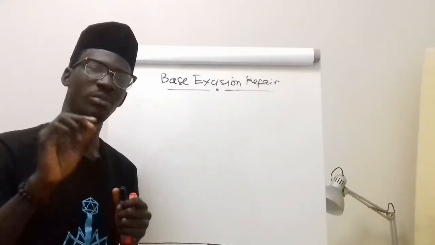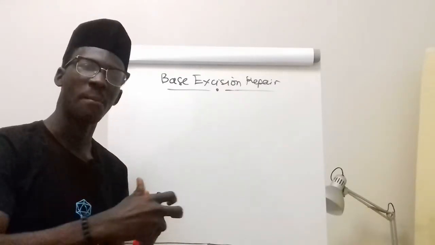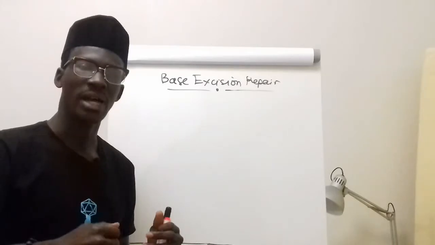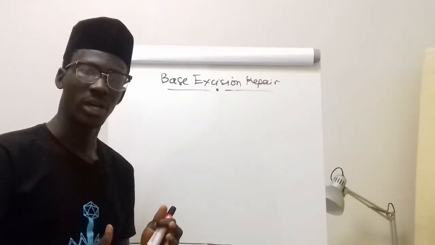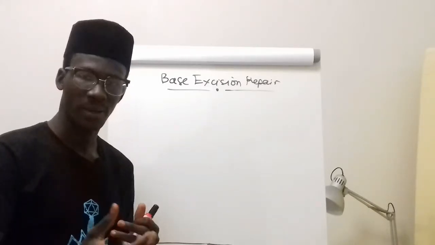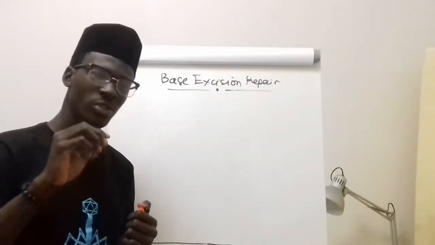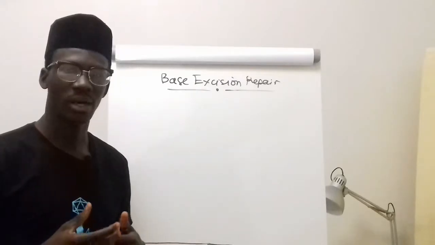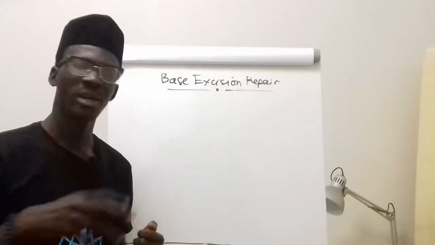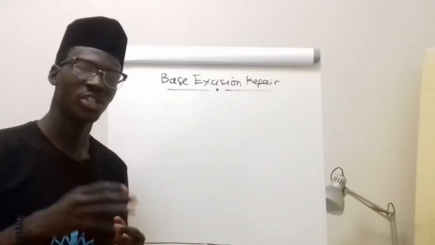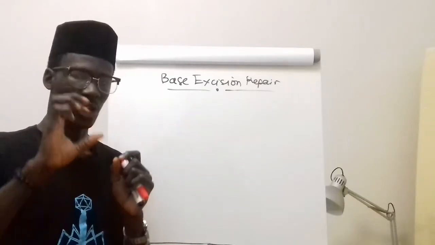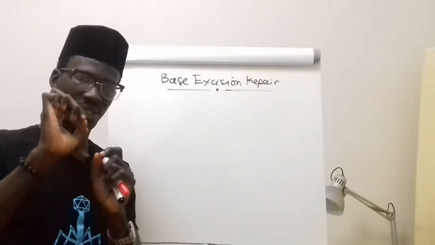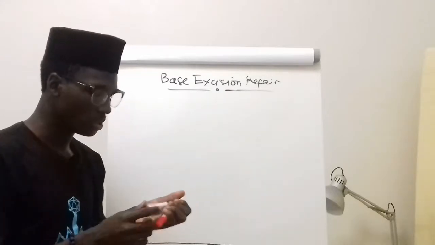Deamination simply means that the amino group is removed and ammonia, NH3, is released. When such a thing occurs within the cell, the repair mechanism is base excision repair. It just has to do with removing a base, and I'm going to show you how it goes.